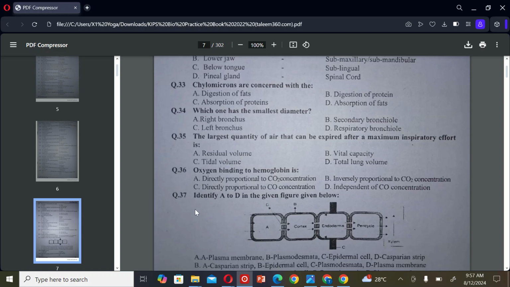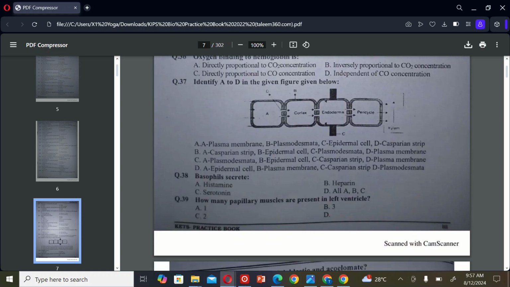The next MCQ is: identify A to D in the given figure below. A. Plasma membrane, B. Plasmodesmata, C. Epidermal cell, and D. Casparian strip.